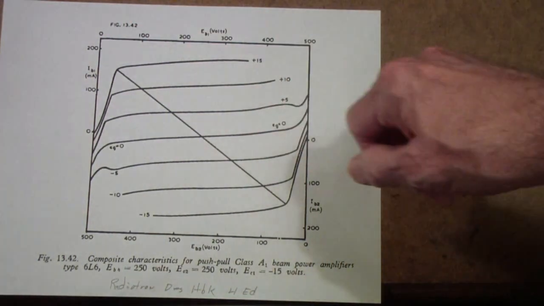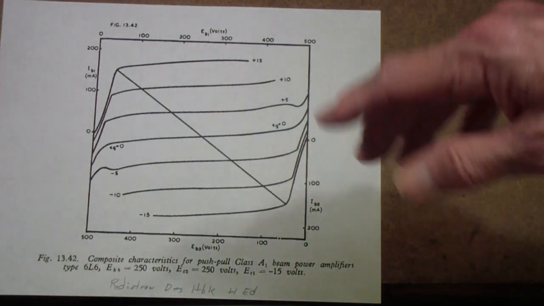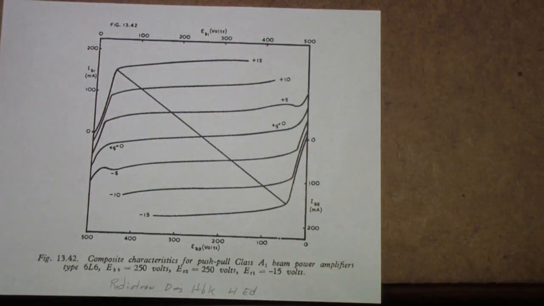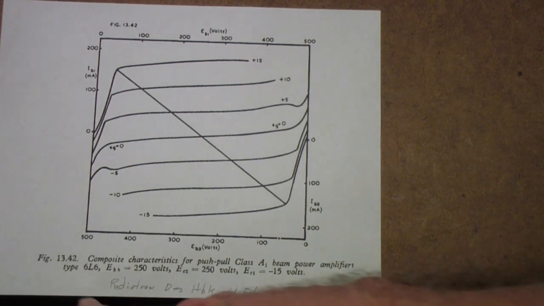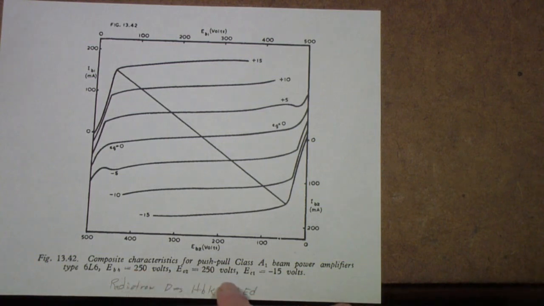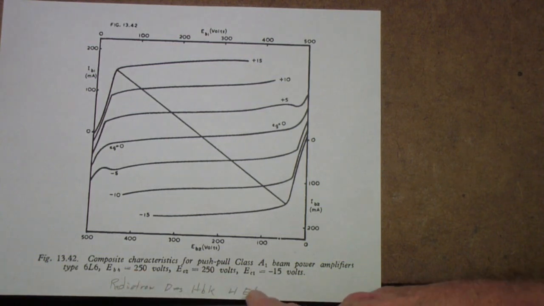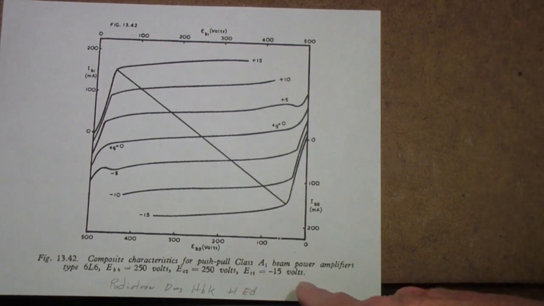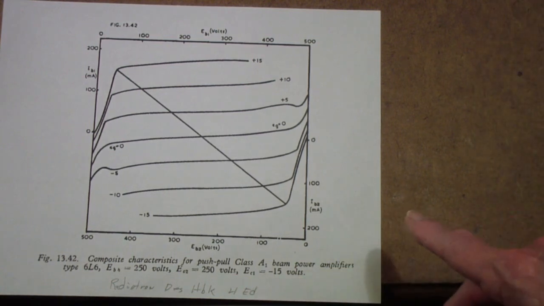This is the plate resistance that allows you to get the highest power output from a pair of 6L6s. And this assumes that the plate voltage for each tube is 250 volts, and the grid bias is minus 15 volts.